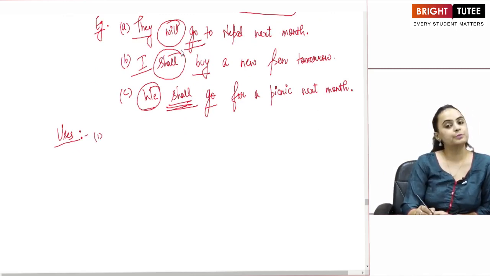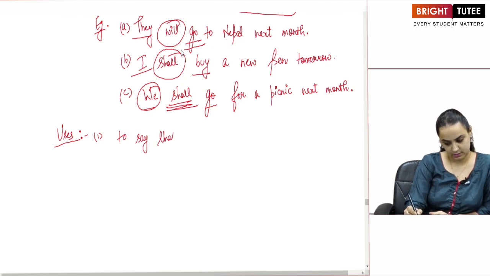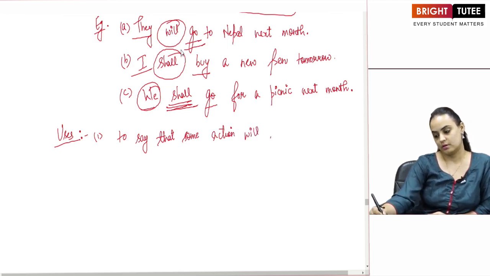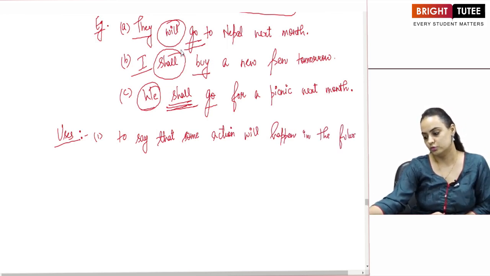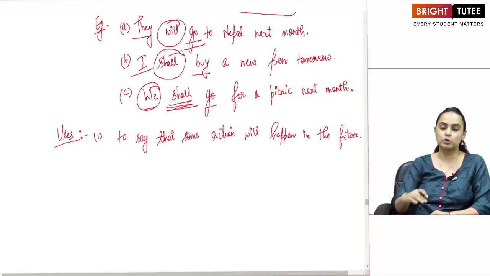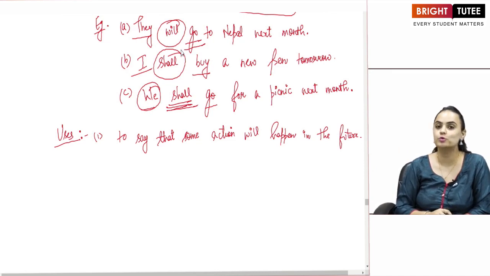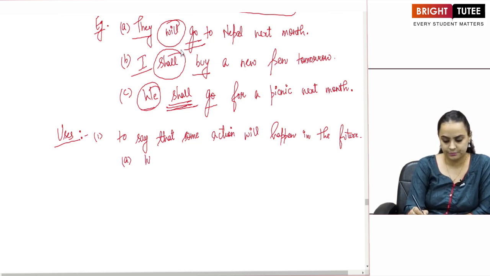We use the simple future tense to say that some action will happen in the future. So, some action that will take place in the future, we are going to use the simple future tense for that. Very simple.